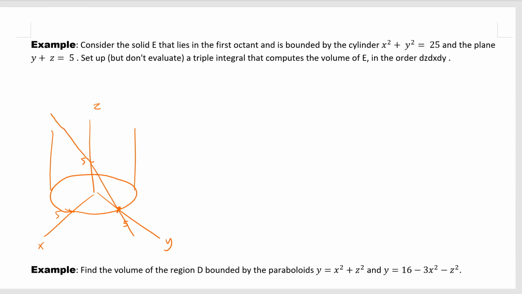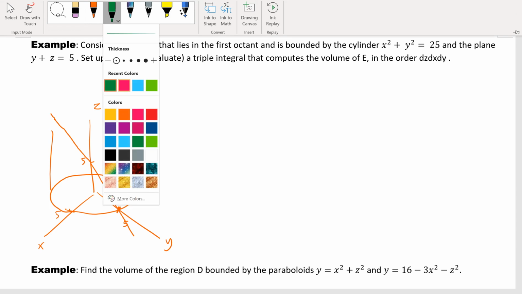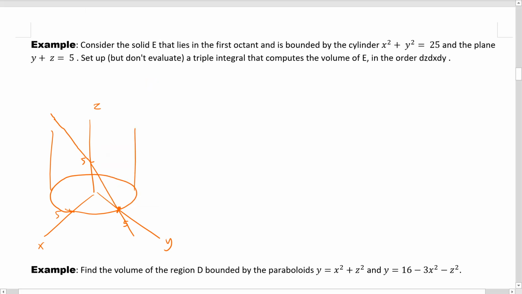Now what happened? It will intersect the cylinder, and what do we get? Can you imagine, everybody? We should get something like that.